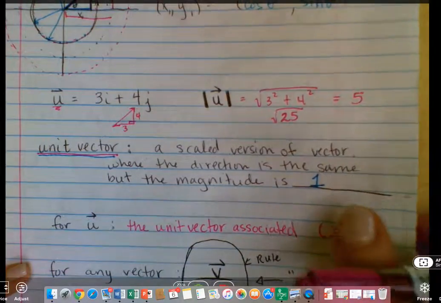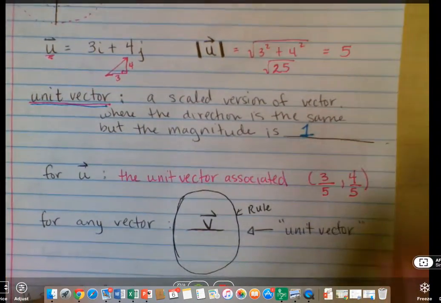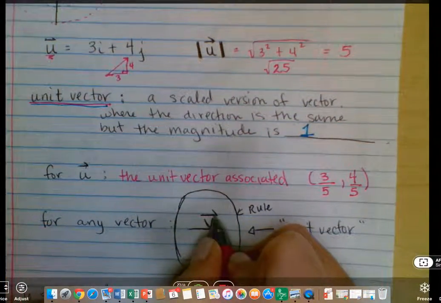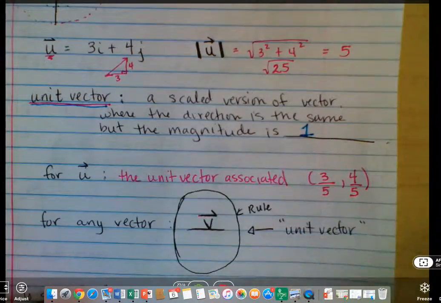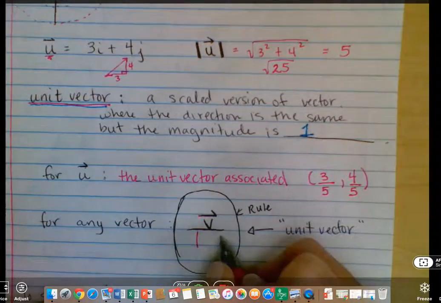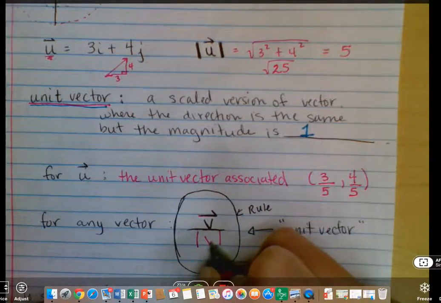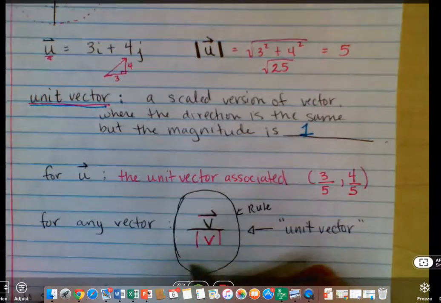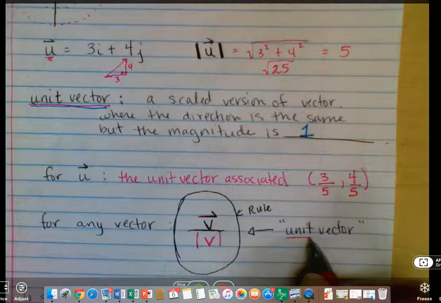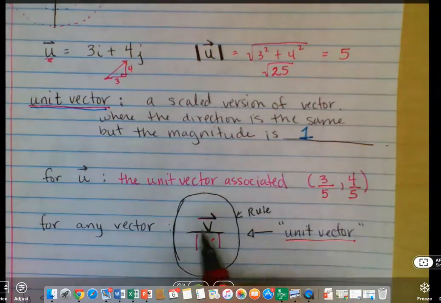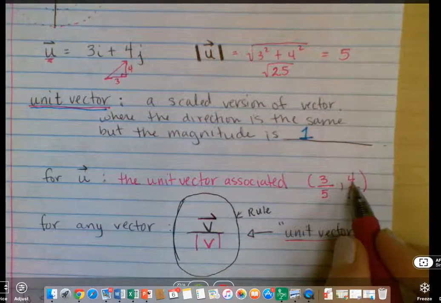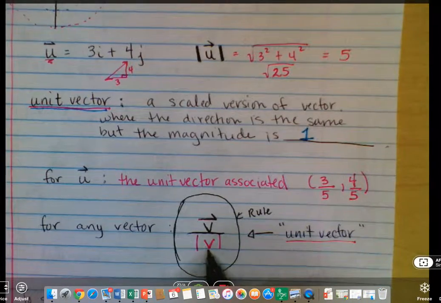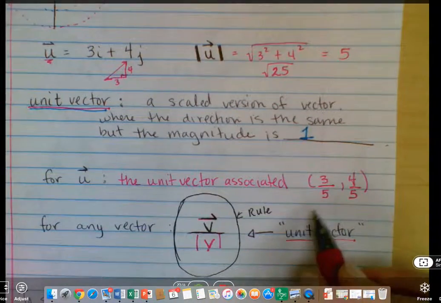Okay? So for any vector, we're going to generalize it now. If I have the components of the vector, and I know the magnitude of that vector, then this is the rule that allows us to figure out what the unit vector would be. So for this one, our vector was 3, 4, and then we scaled it down by the magnitude of the vector, 5.